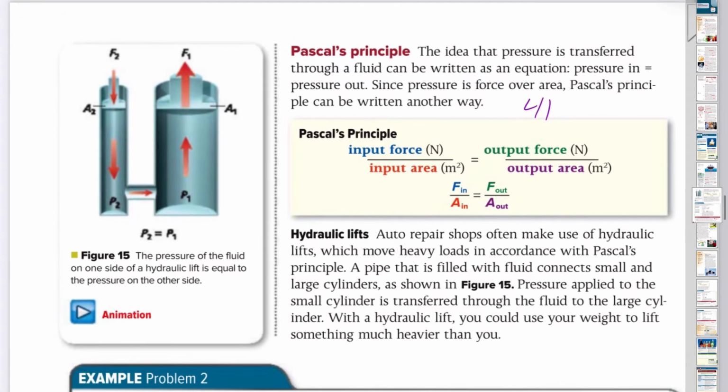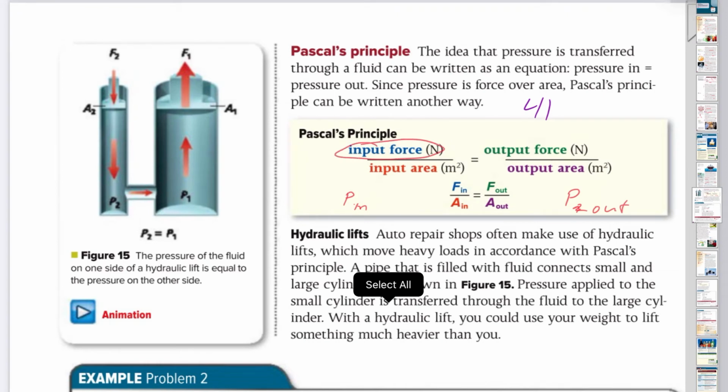So Pascal's principle. The idea that pressure is transferred through a fluid can be written as an equation where pressure in equals pressure out. Since pressure is force over area, Pascal's principle can be written another way. We can replace pressure in and pressure out with the equation for that.